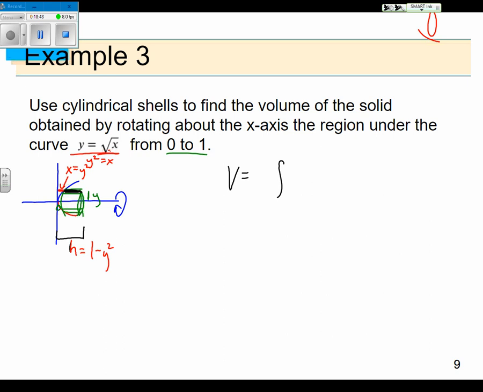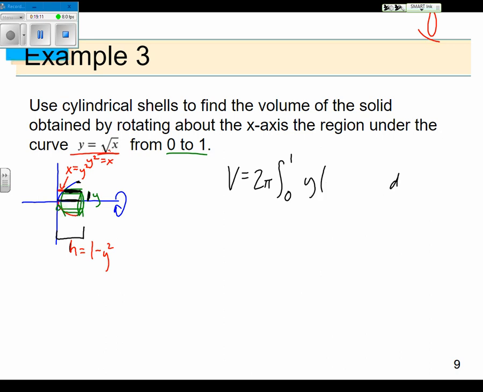So for my volume, I am stacking all these approximating strips. I'm starting down here at 0, and then I go all the way up to this little bitty one up here at 1. So my approximating strips are still going from 0 to 1. I'll pull my 2 pi out in front. The radius of my toilet paper roll, of my shell, is going to be y right there.